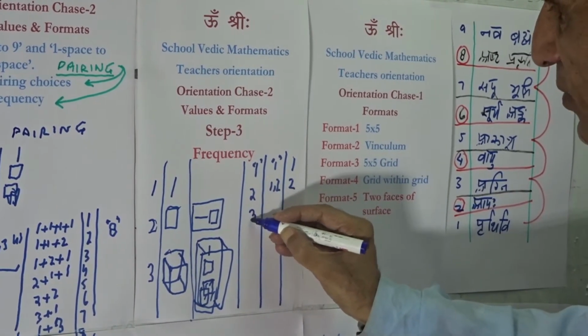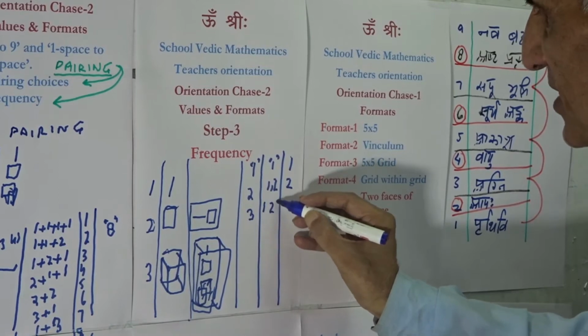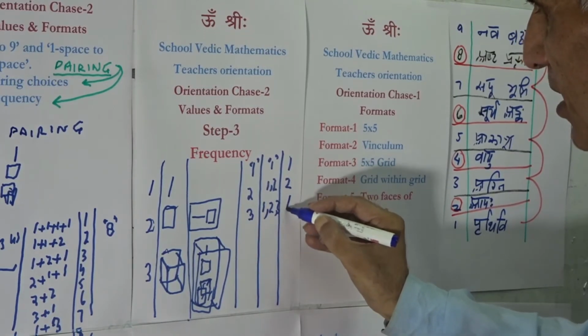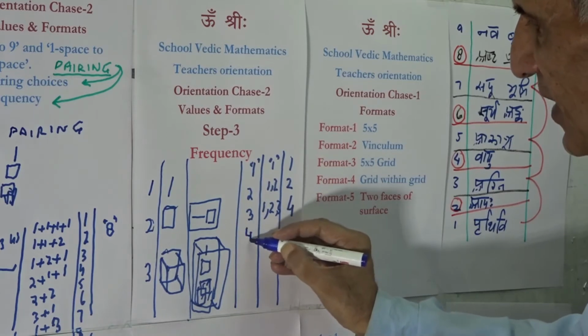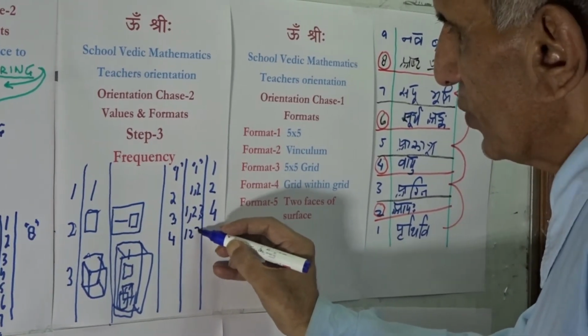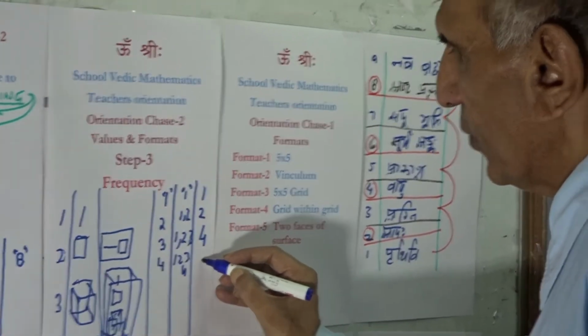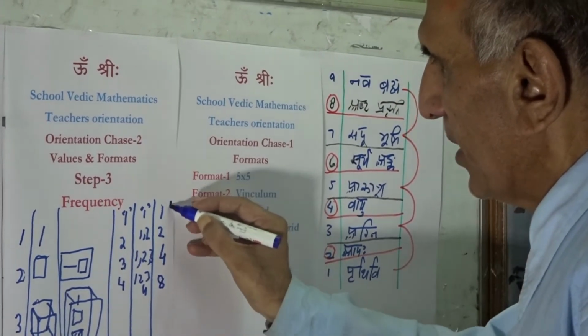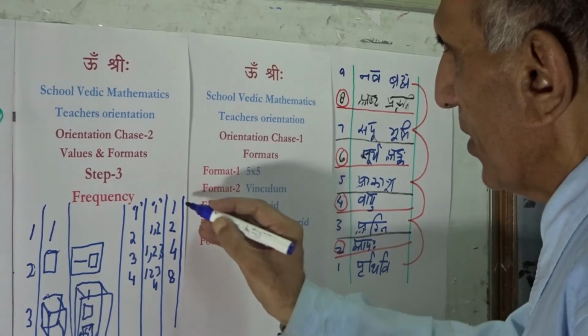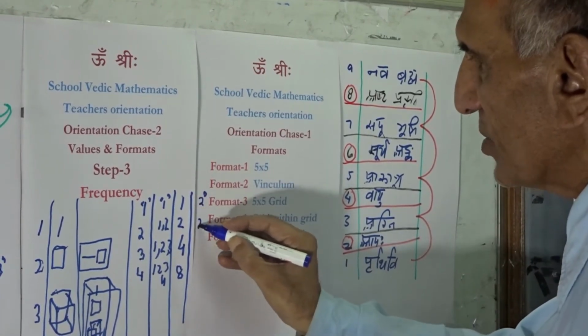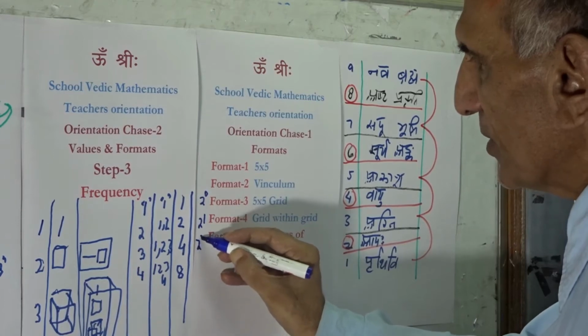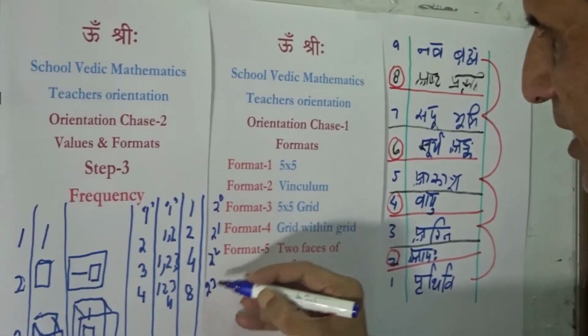For reach at value 3 by choices from the set 1, 2 and 3, there are 4 ways, frequency 4. For reach at value 4 from the choices 1, 2, 3, 4 it is 8. Now these values, 1 can be written as 2 raised to 0, then 2 raised to 1, 2 raised to 2, and 2 raised to 3.